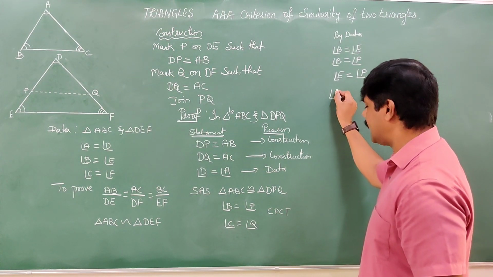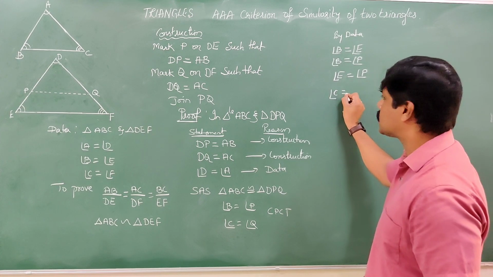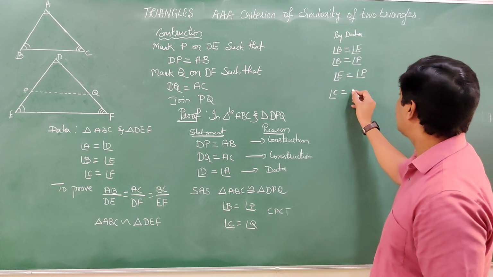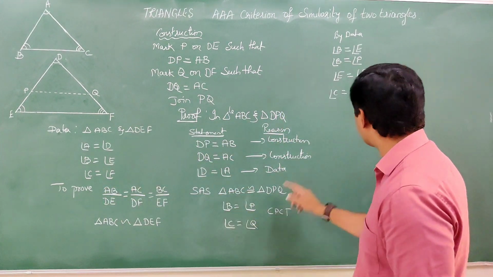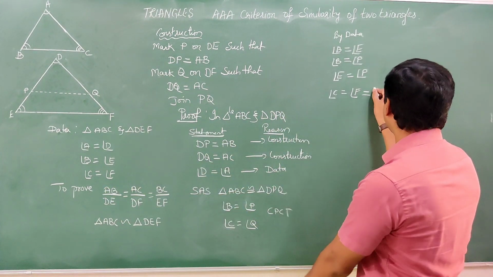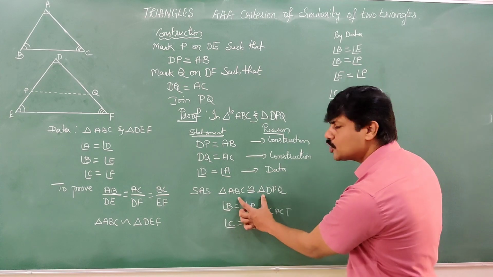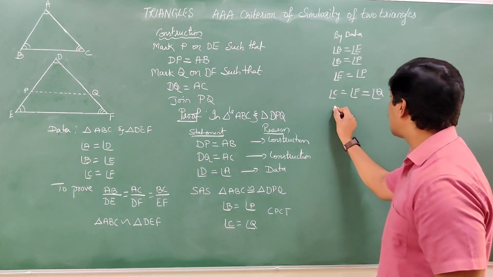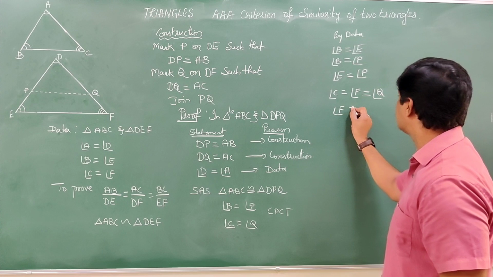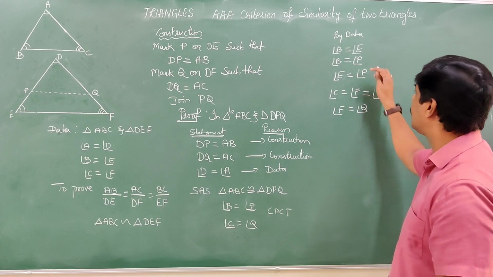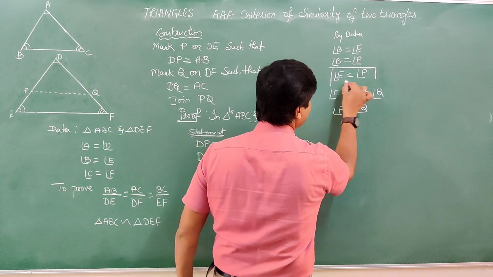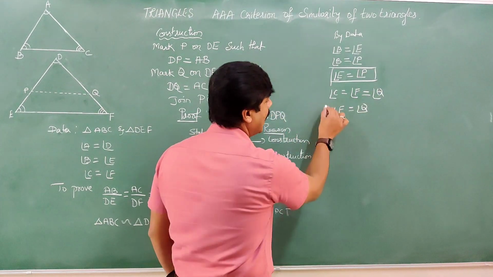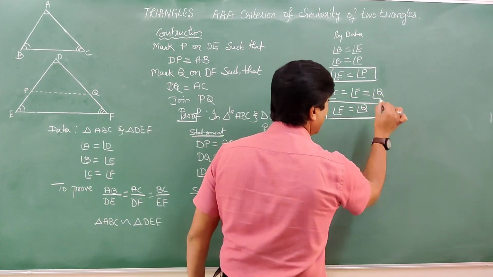Angle C is equal to angle F by the data and also equal to angle Q by congruency of these two triangles. Therefore, angle F is equal to angle Q. Similarly, in this way, we came to know angle E is equal to angle P and angle F is equal to angle Q.